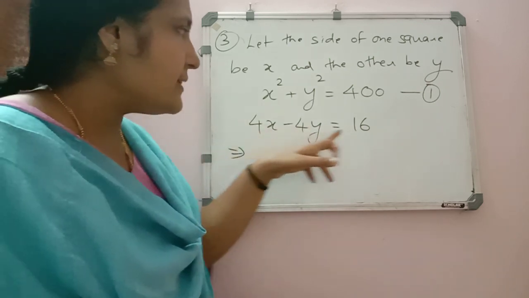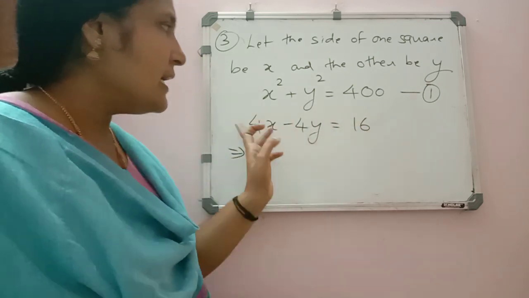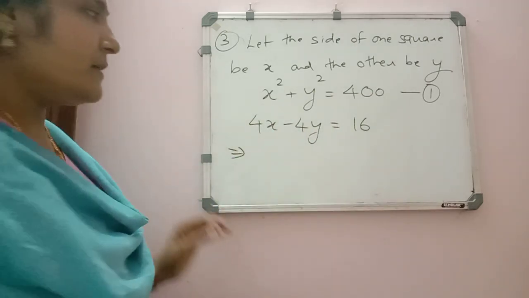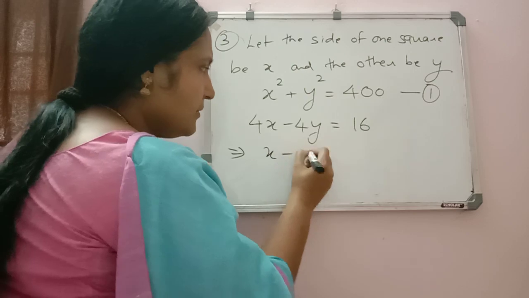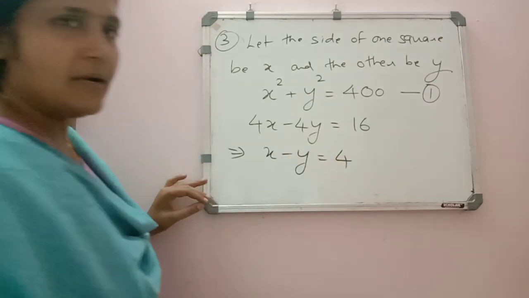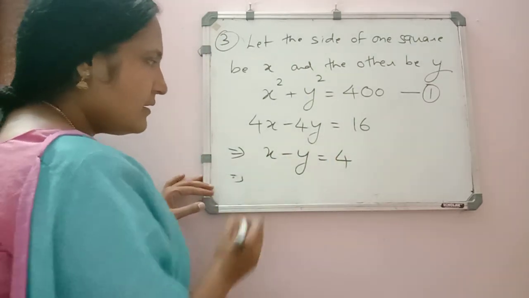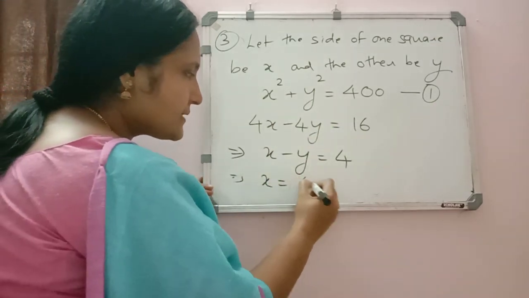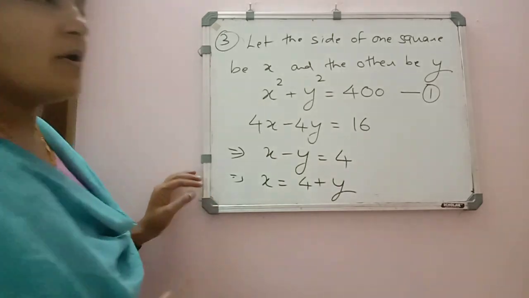As we can check, all the terms are divisible by 4. So to make our calculation easy, we can divide by 4. So it will be x minus y is equal to 4. Now it is easy to shift y to the right hand side. So x is equal to 4 plus y.